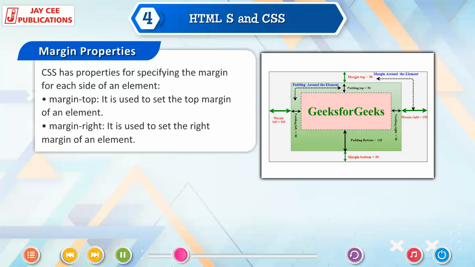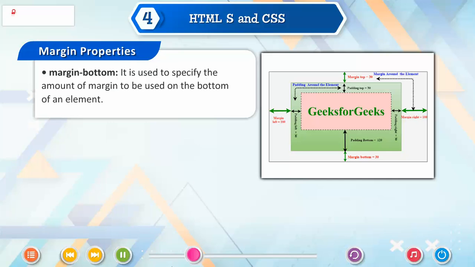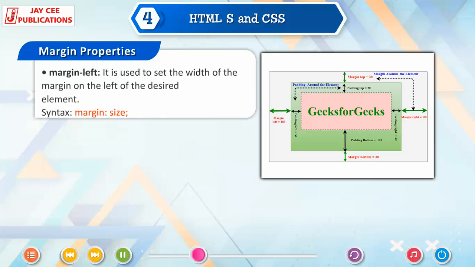CSS has properties for specifying the margin for each side of an element. Margin-top. It is used to set the top margin of an element. Margin-right. It is used to set the right margin of an element. Margin-bottom. It is used to specify the amount of margin to be used on the bottom of an element. Margin-left.